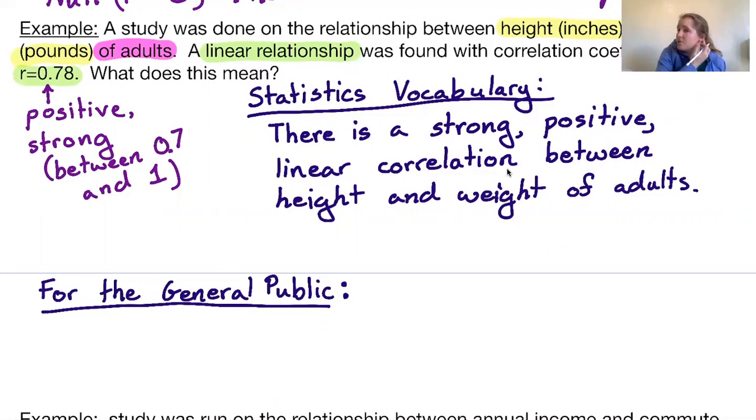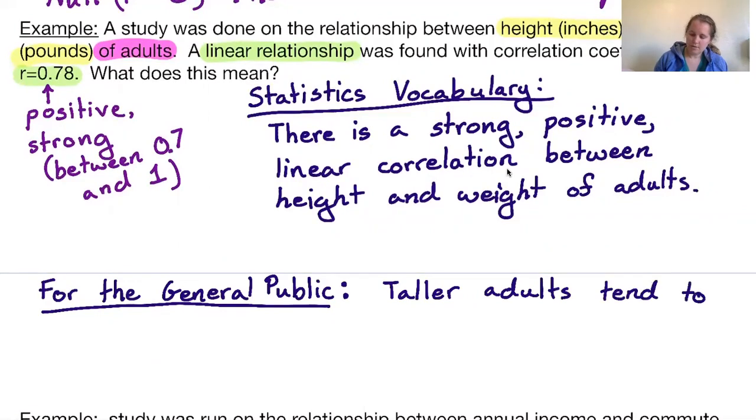So high heights or taller people, taller adults, tend to have a higher variable 2, so tend to have a larger weight or tend to weigh more. So taller adults tend to weigh more. So that's high variable 1 paired with high variable 2.